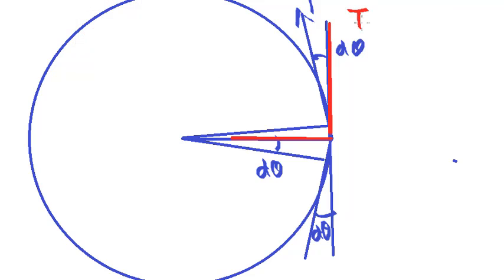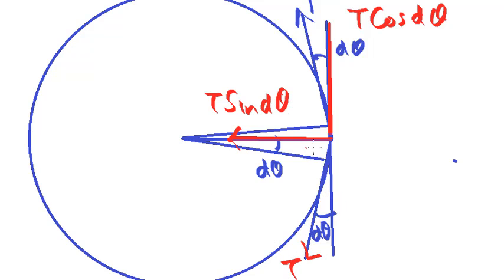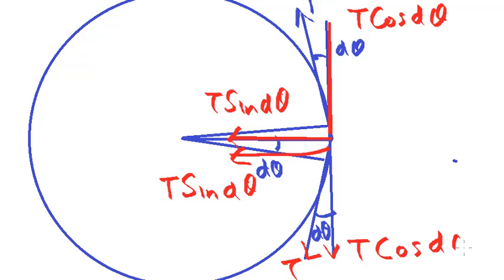This component will be t cos d theta. This component will be t sin d theta. Similarly, tension on the other side will also have one component towards the center, which is t sin d theta, and the other component will become t cos d theta.